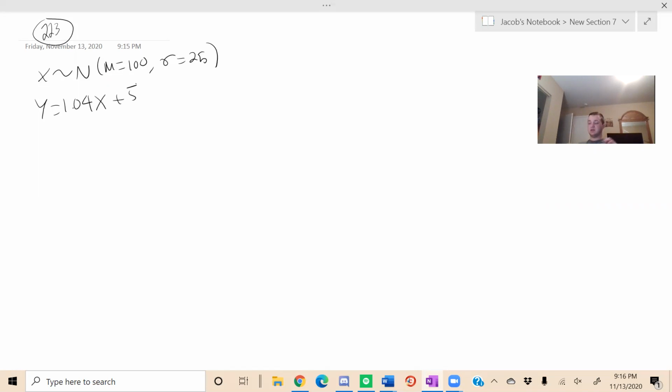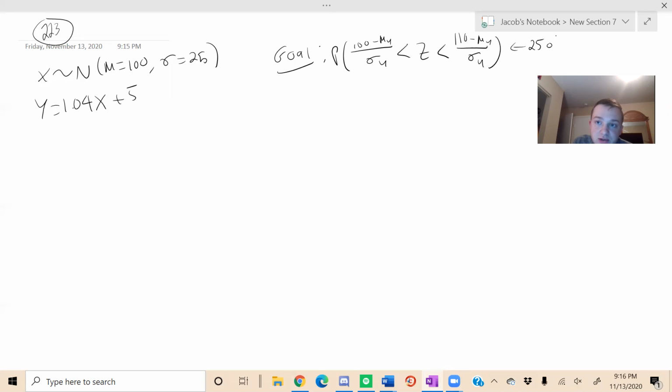And we're asked about the claim amounts in year two and the probability of those being between 100 and 110. So our goal is the probability of (100 minus the mean of Y) over the standard deviation of Y, less than Z, less than (110 minus the mean of Y) over the standard deviation of Y. And this is for 25 observations, which will be key here in a second.